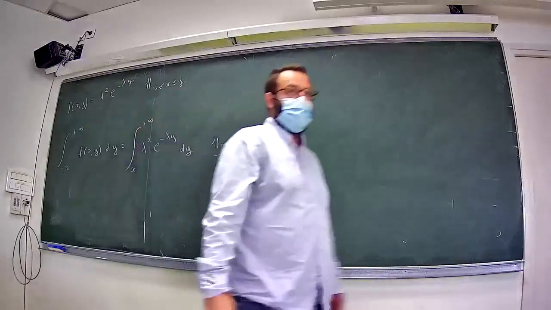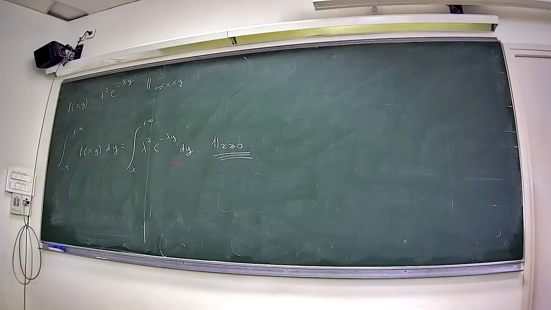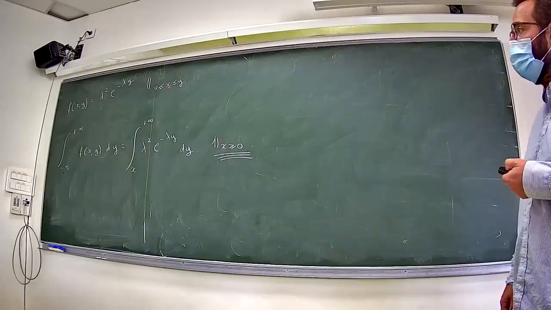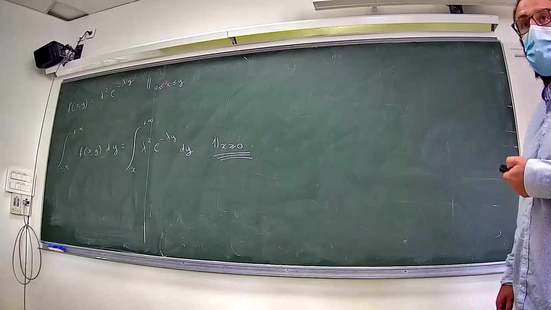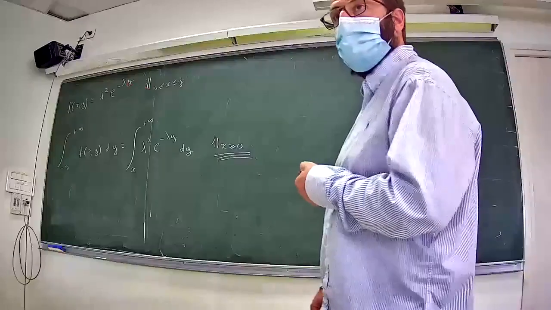I compute this integral, but for an x that is positive. I have removed this part from the integral because it's an integral with respect to y and I don't have a y here. So keep in mind that this indicator function is in fact the indicator function of x greater than 0 multiplied by the indicator function of x less than y. I have two indicator functions that I regroup in the same one.